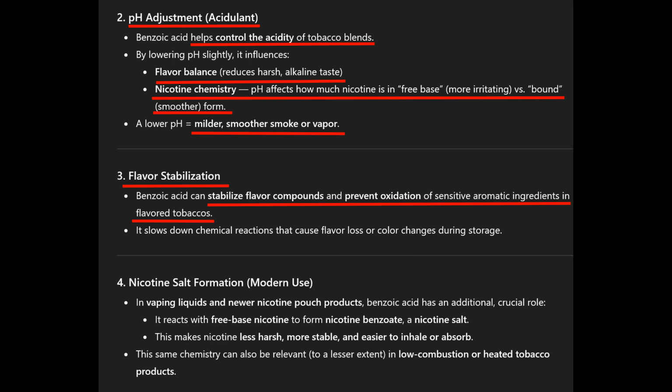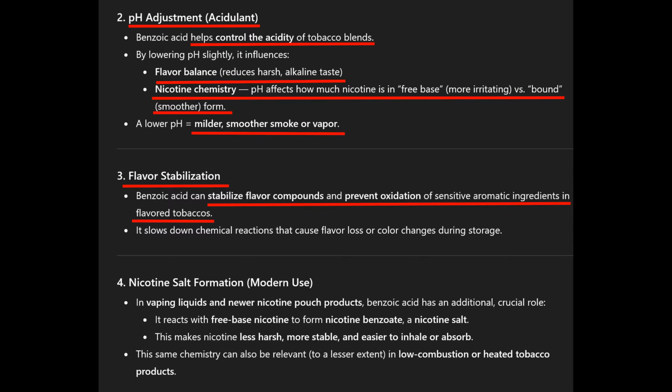It reduces the harsh alkaline taste of the natural tobacco, okay?